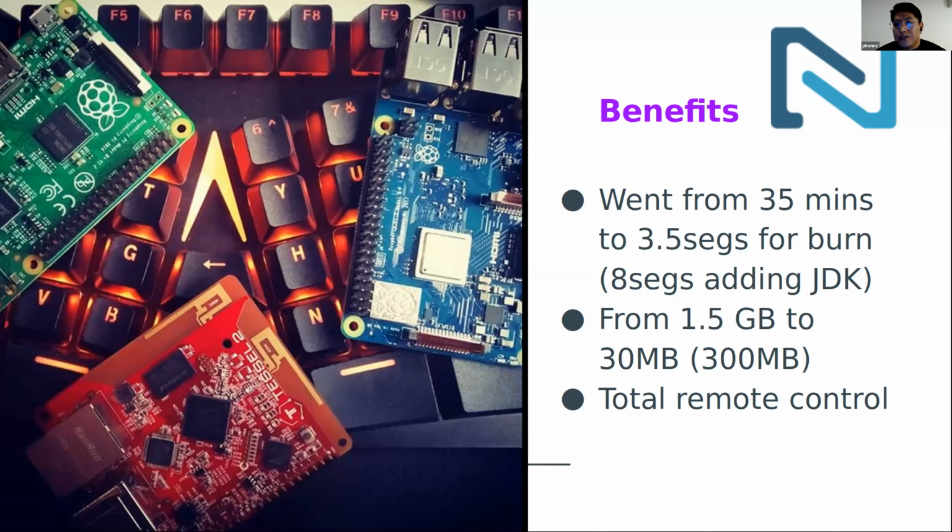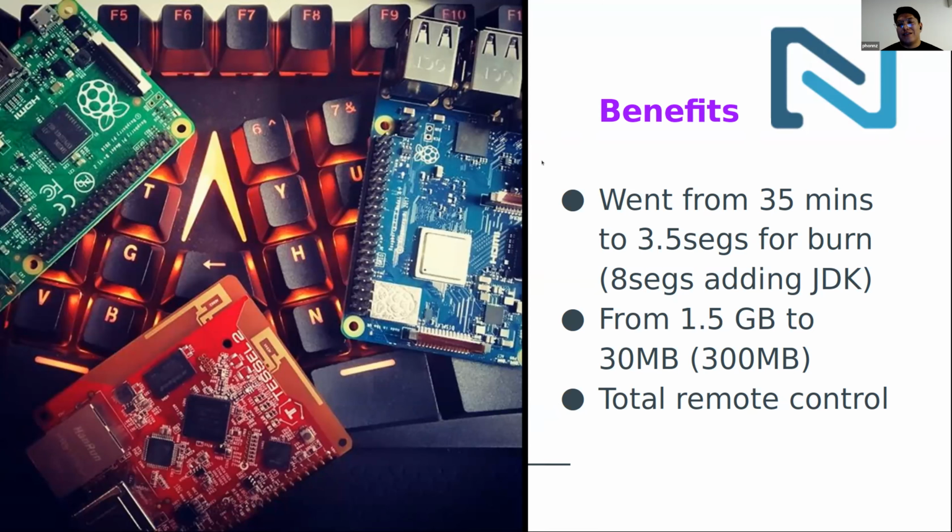Some benefits of Nerves. Talking especially about our product, we went from 35 minutes to burn an SD card. Probably at the beginning, we were spending an hour and a half to just burn our firmware in an SD card.